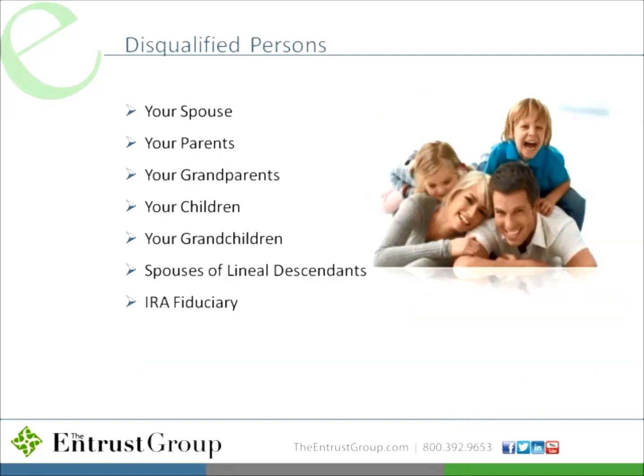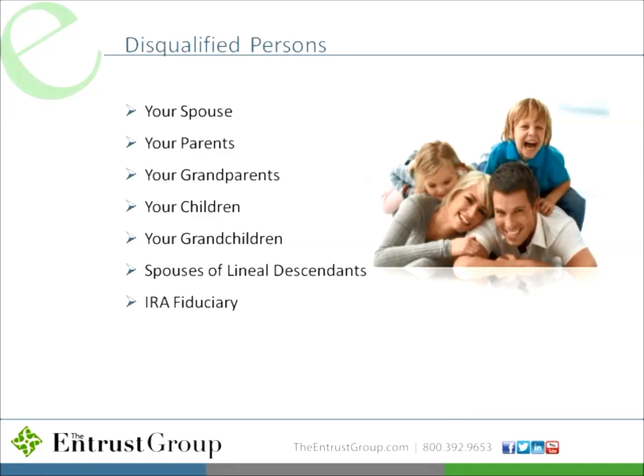Now, a couple of quick rules before we dive into the actual case studies of the different strategies that we see people use. It's very important to understand that you're not allowed to do business with yourself or your direct lineal family members. These people are defined as disqualified persons.